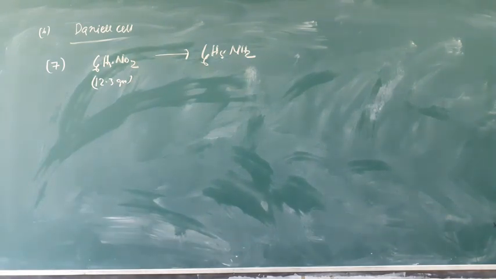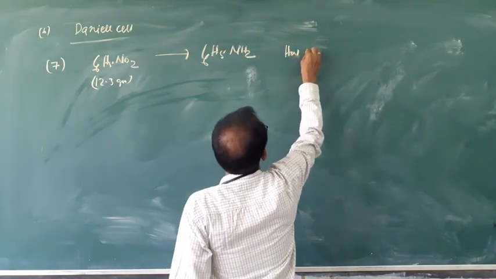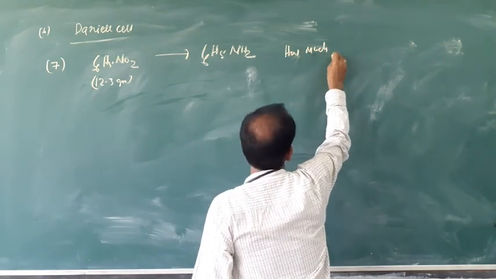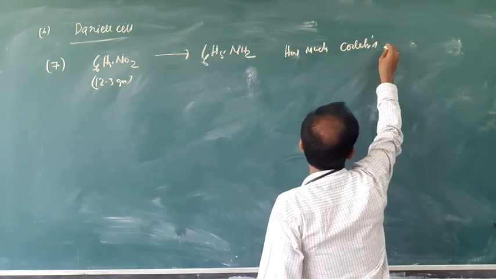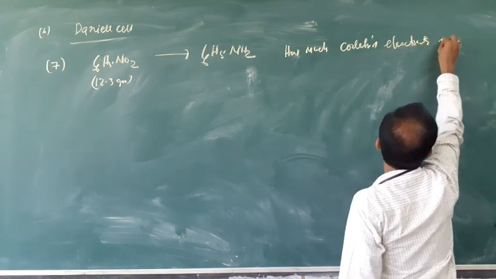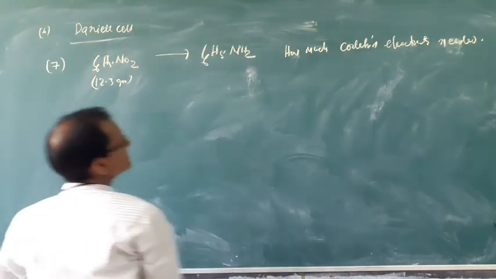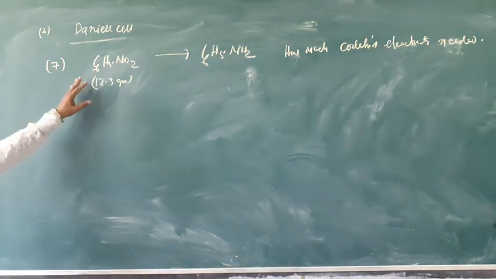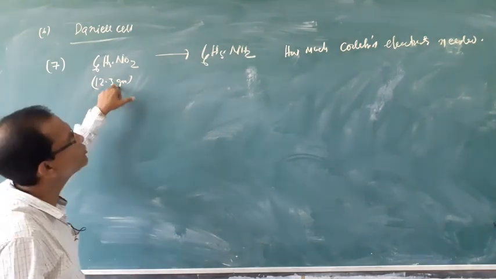How many Faraday, how many coulombs of electricity are needed for the reduction of 12.3 gram nitrobenzene to aniline?